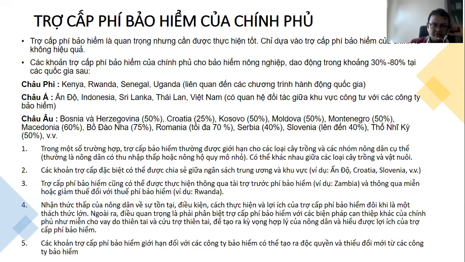Looking at some of the common themes with premium subsidies in different countries, we see that usually premium subsidies don't apply across all crops per se. I think just addressing one of the questions raised earlier about how premium subsidies are applied, these points would help to answer that.